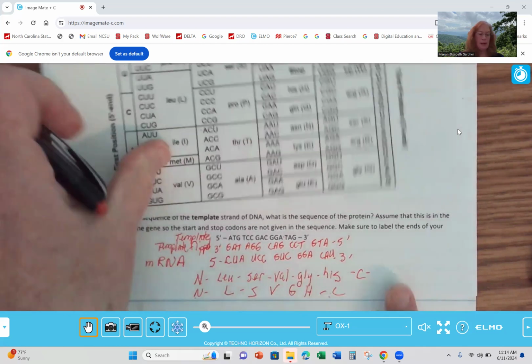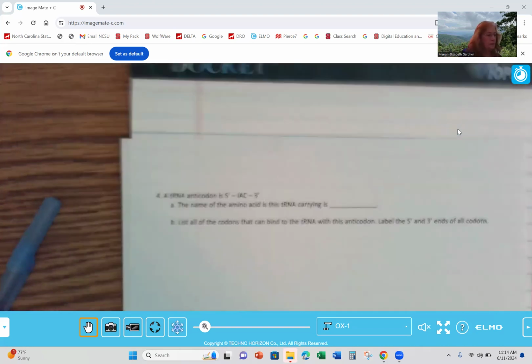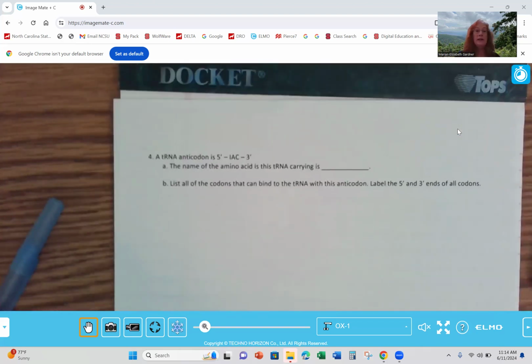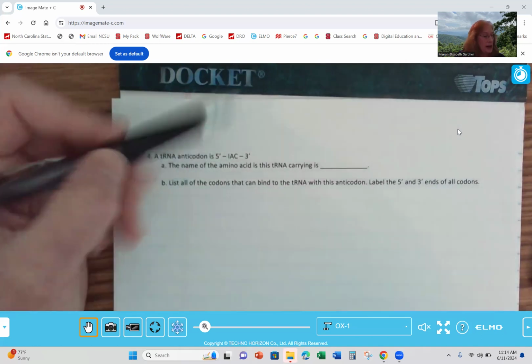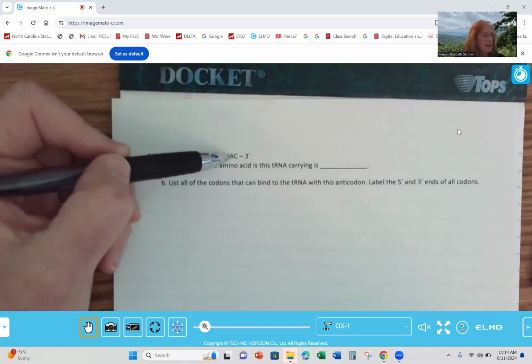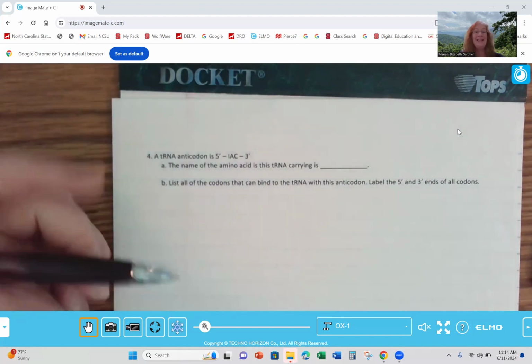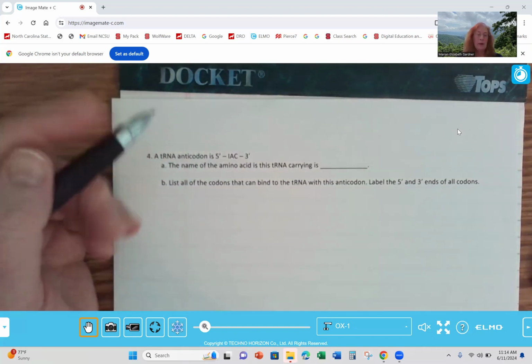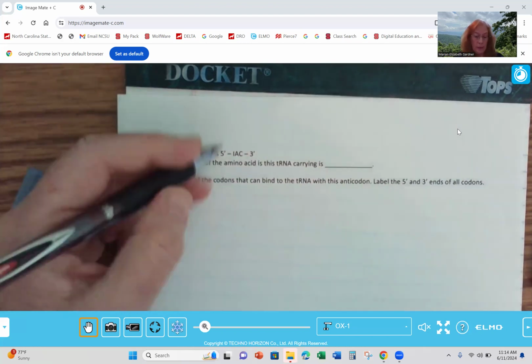Okay. I think I have one more question here. Let's see. Here we go. This one involves inosine. A transfer RNA anticodon has the sequence inosine, adenine, cytosine. What is the amino acid that it is carrying? So we need to figure out what codon this would bind to.